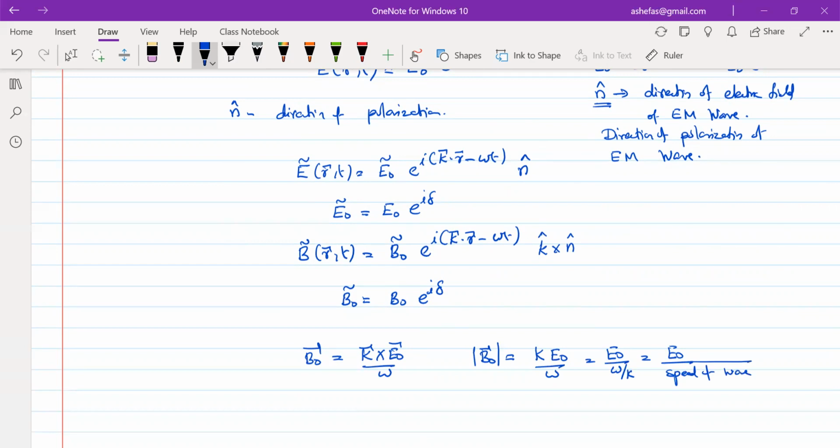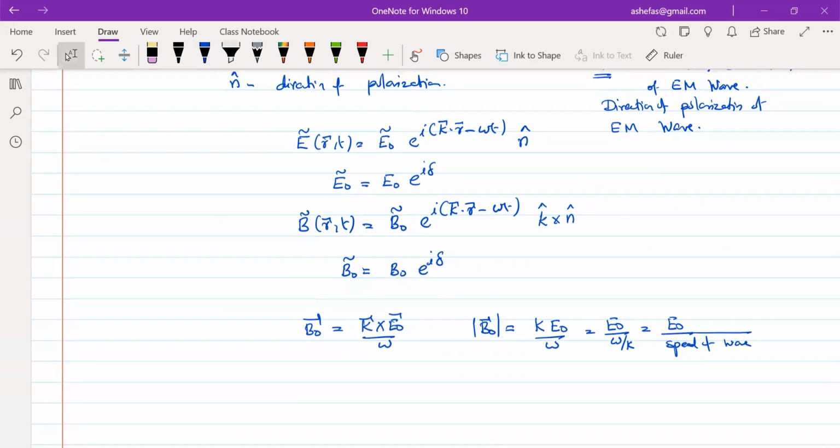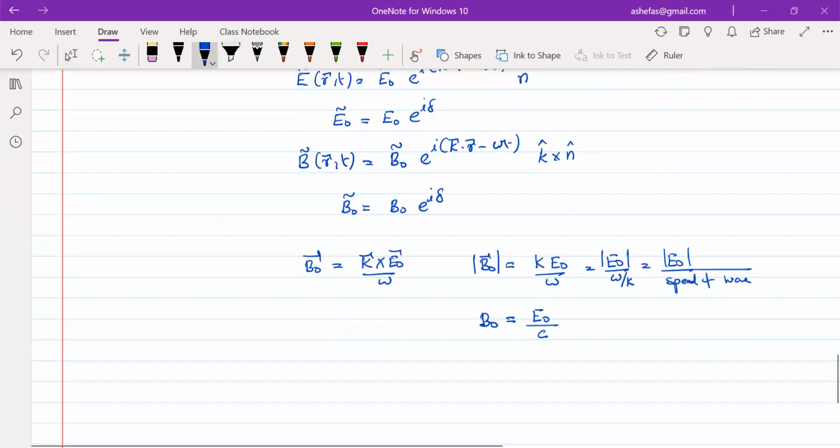In this entire discussion we are discussing the electromagnetic wave in vacuum, and hence the magnetic field amplitude is the amplitude of the electric field divided by c.